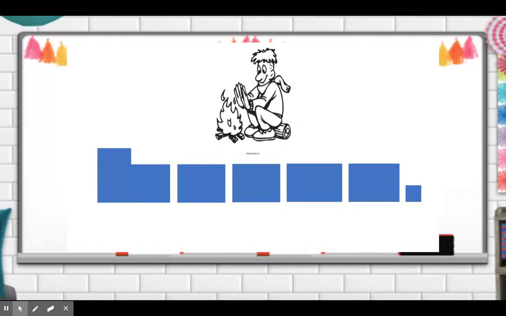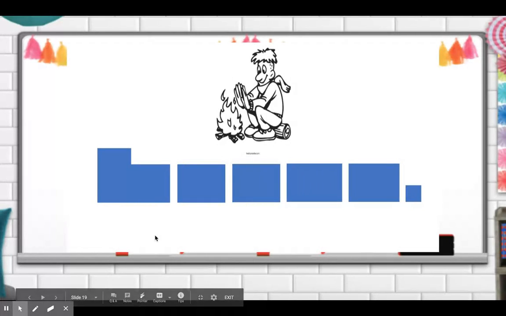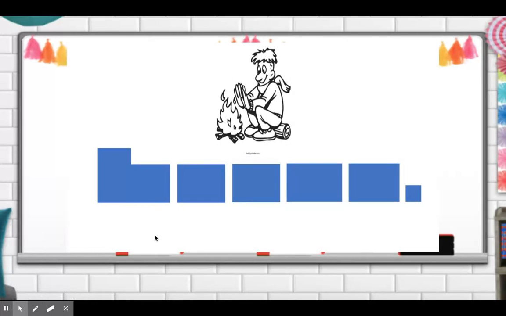What I want you to do is look at the screen. What do you notice about these blue boxes? Well, these blue boxes stand for words that would go in a sentence. Notice how in the beginning, that blue box right here is tall at first.